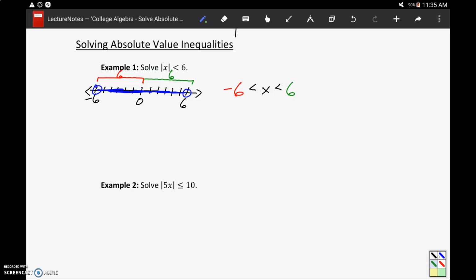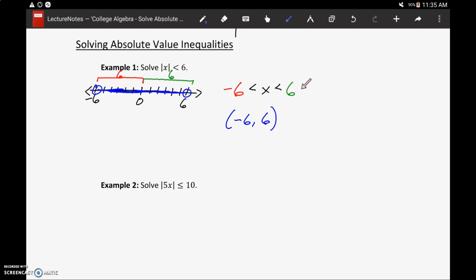And then we could translate that into interval notation as -6 to 6 with rounded parentheses on both ends, since we have open circles on both ends of our number line and strict inequalities for both of our inequality statements.